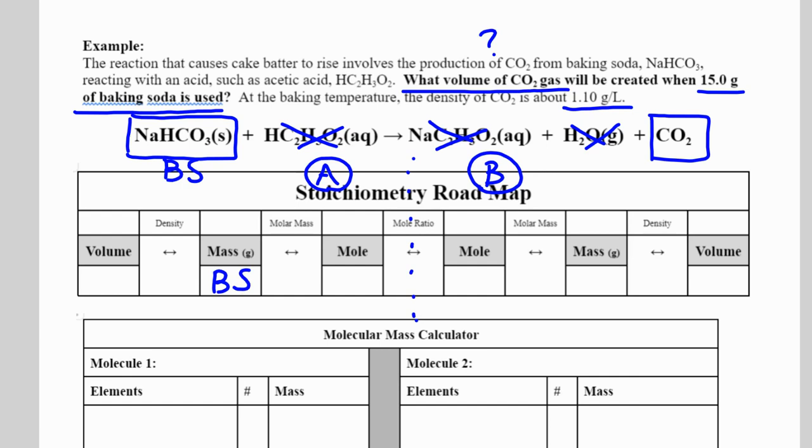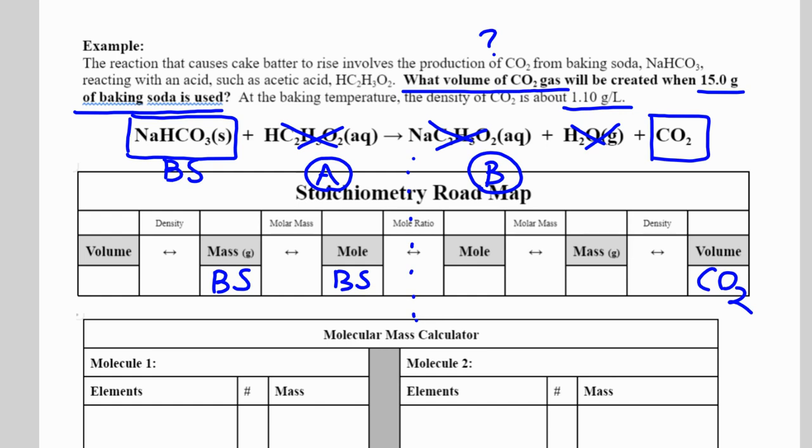So our first conversion is to convert from mass of baking soda to moles of baking soda. And one thing we can do is identify what we're trying to get to. If we read up here, we want to know what volume of CO2 gas is made. So we're trying to get all the way over here to the right.